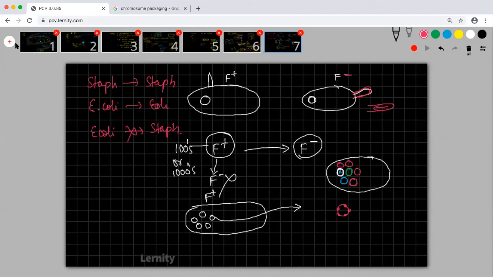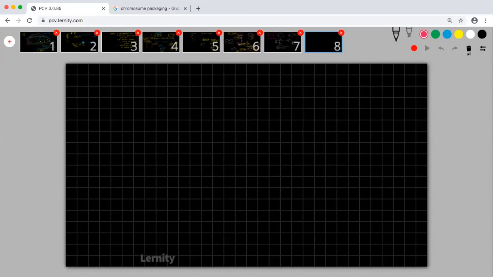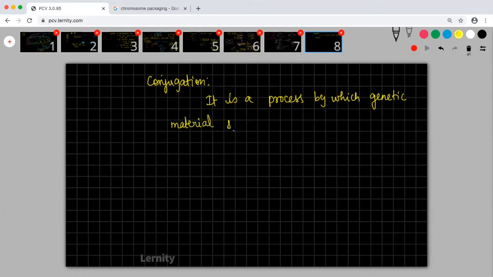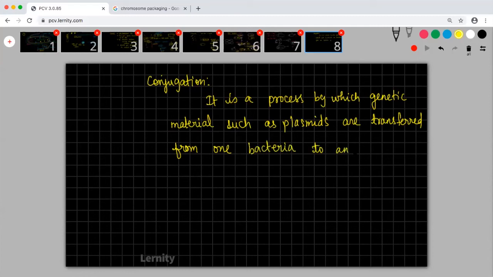Are you guys understanding? Let me quickly write what conjugation is. It is a process by which genetic material such as plasmids is transferred from one bacteria to another.